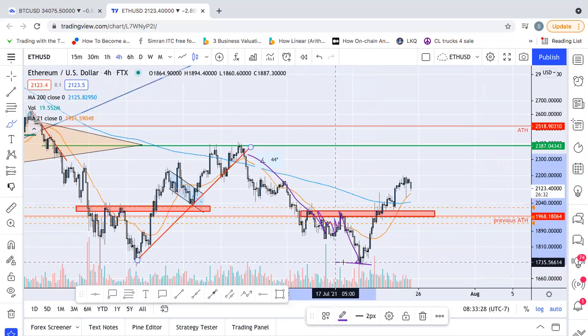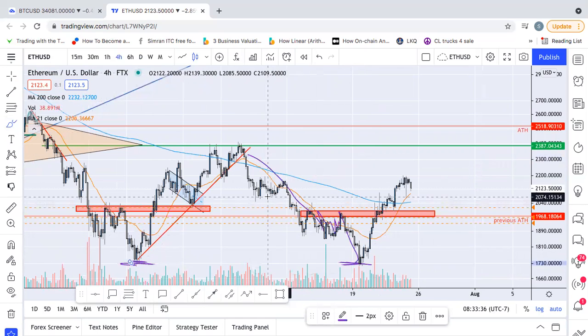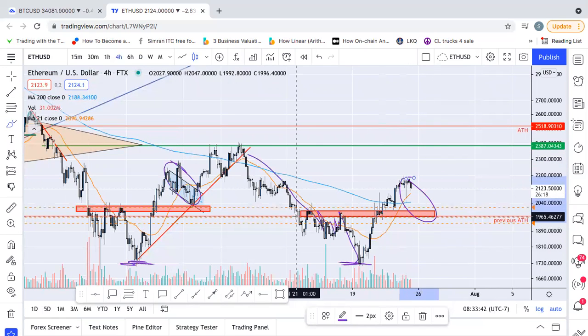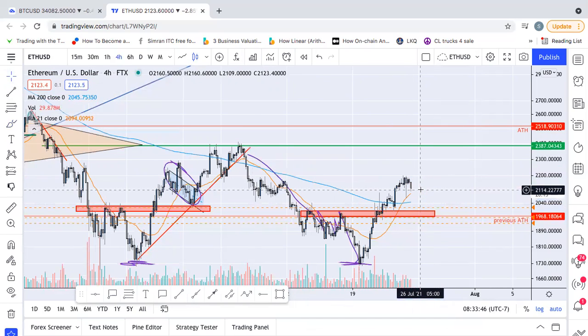Oh, but it found a level of support, the same support that it found here. And now what we should be looking for is something like this here. That's why I have all these alerts here. I have like three of them.